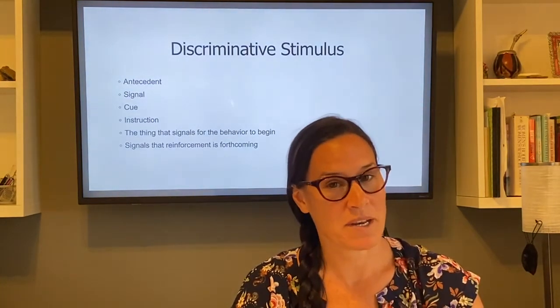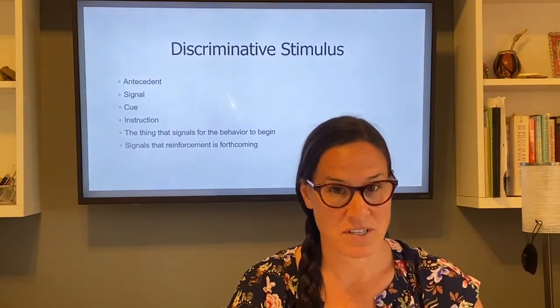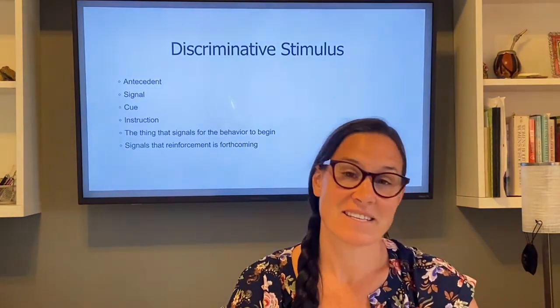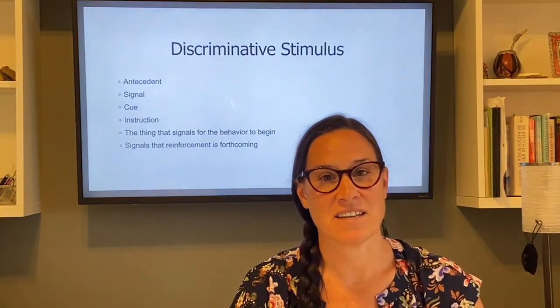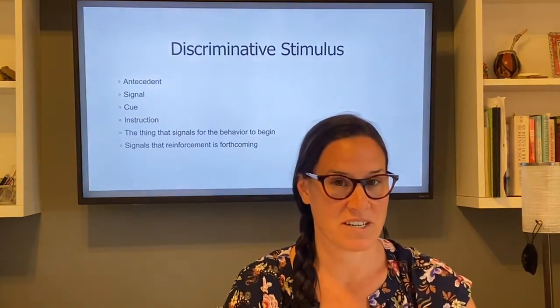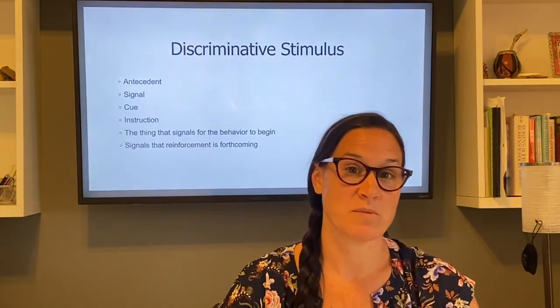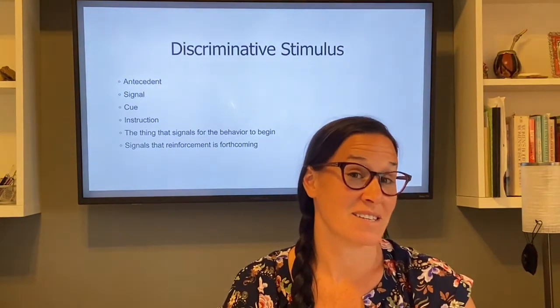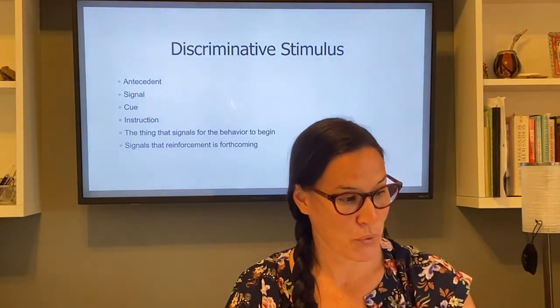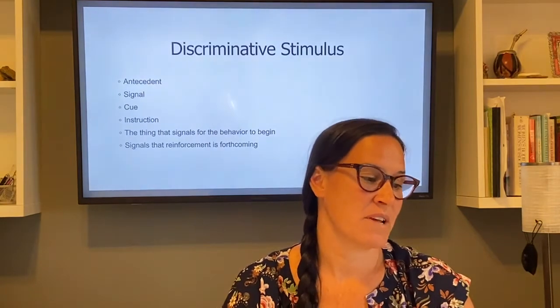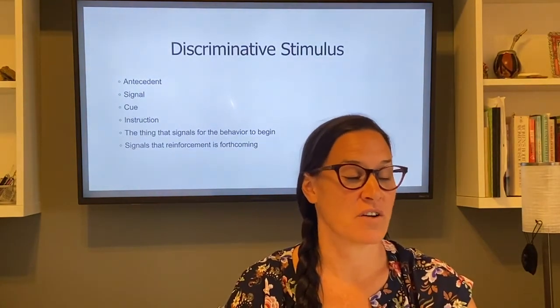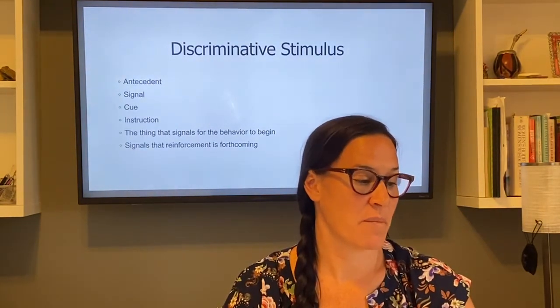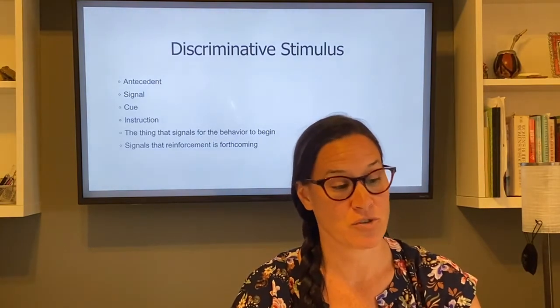The discriminative stimulus, which is listed as SD, is the antecedent in the ABC three-term contingency. It comes before the behavior. It is a signal, it's a cue, it's an instruction, and it's the thing that signals that reinforcement is forthcoming and for the behavior to begin.